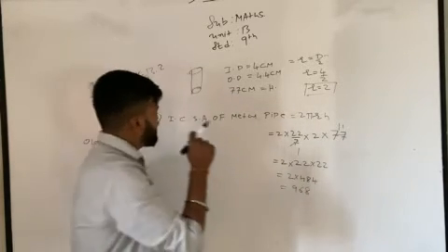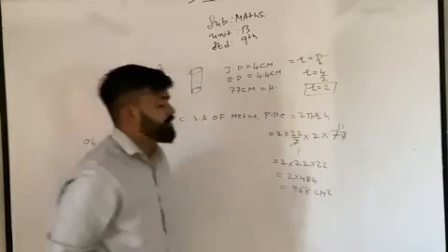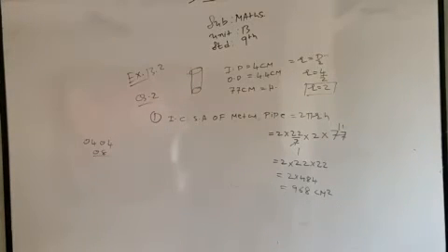So we can say that the inner curved surface area of the metal pipe is 968 centimeters square. This is the first answer. Similarly, we will find out the second one.